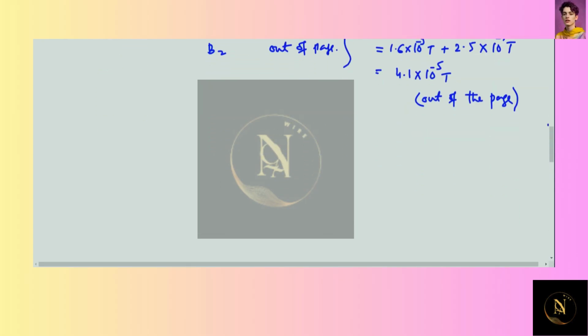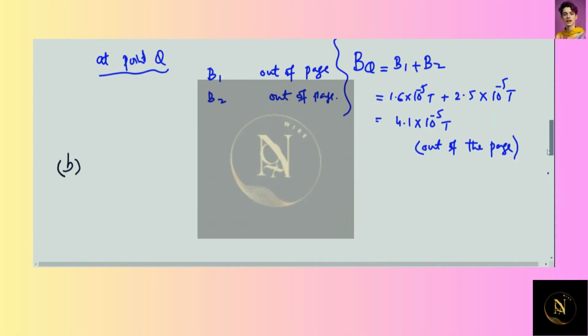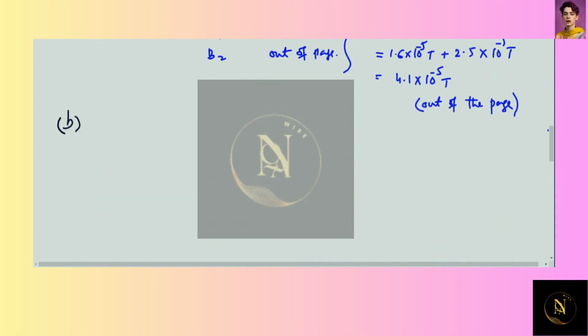Now in the second part of this problem, we are considering the direction of current in the second wire from right to left, and we want to again find the net magnetic field at point P and point Q. First we will take point P. At P, the wire 1 will produce a magnetic field that will be into the page, and wire 2 will produce a magnetic field that will be out of the page.